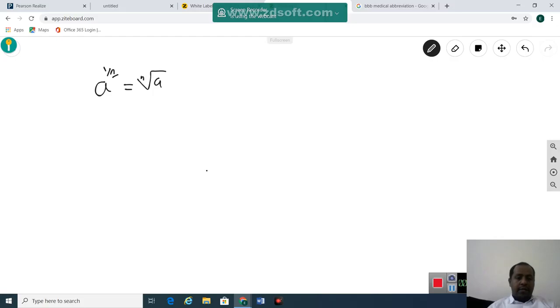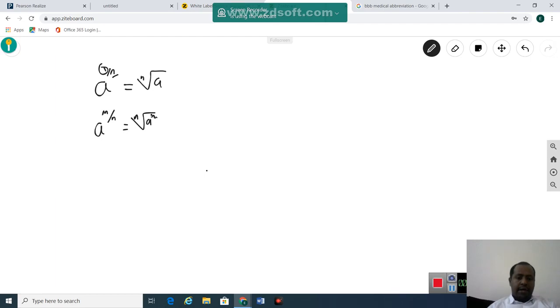And if the numerator of the fraction is different from 1, let's say m, so a to the power of m over n is the same as the nth root of a to the power of m, sorry, this is m.